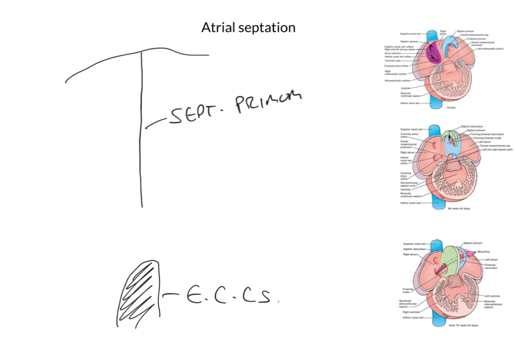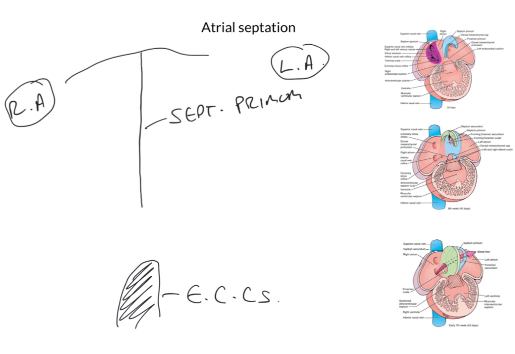For your orientation, this side is going to become the left atrium, and this side is going to become the right atrium. So septum primum is the first septum that forms within the primitive atrium. Associated with septum primum is a hole.